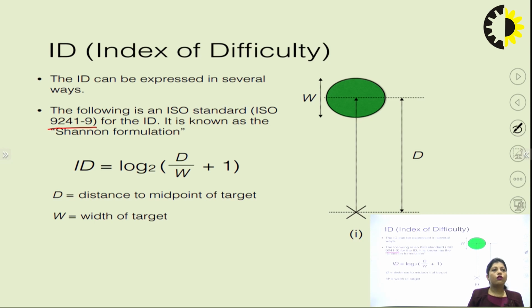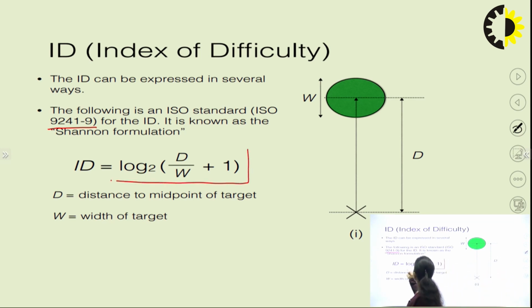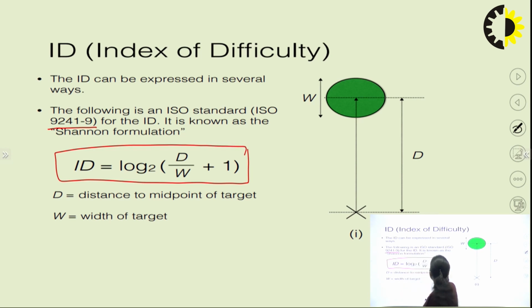It is also known as the Shannon formulation. The formula is ID is equal to log base 2 of D divided by W plus 1. Here D is the distance to the midpoint of the target and W is the width of the target.